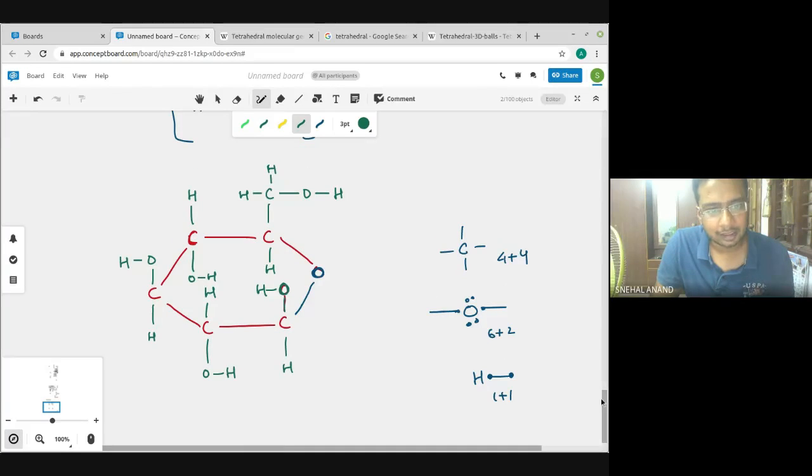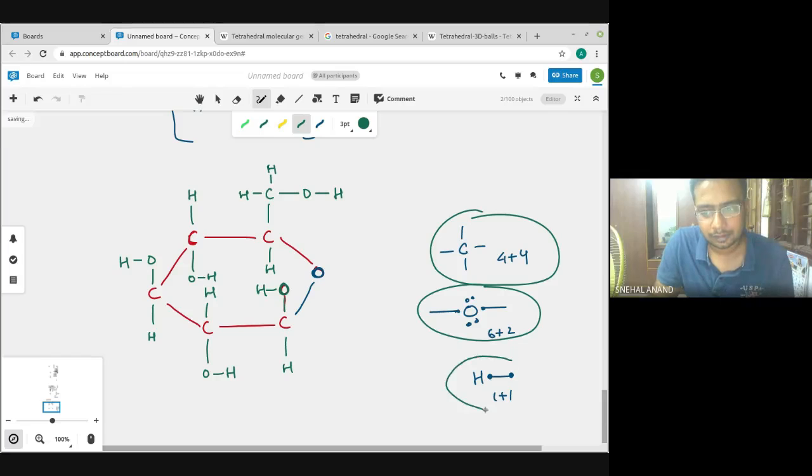Look at this structure and tell me if I have gone anywhere wrong and I have not satisfied these 3 conditions. Look at every single carbon. This one has 1, 2, 3, 4. This one has 1, 2, 3, 4.